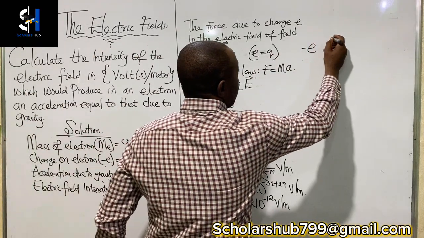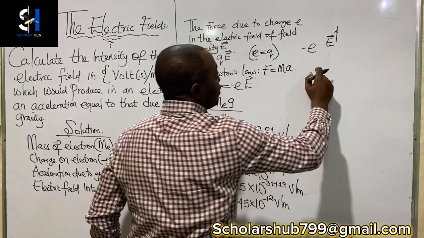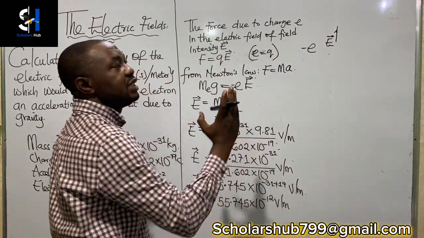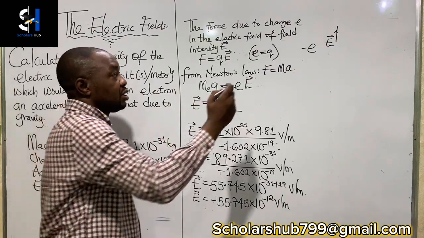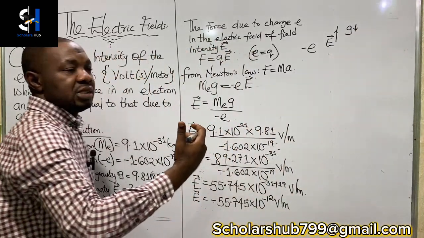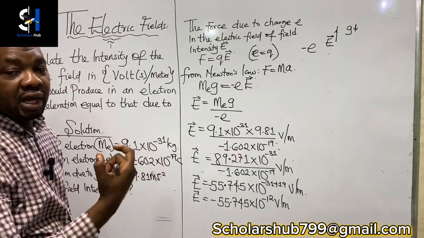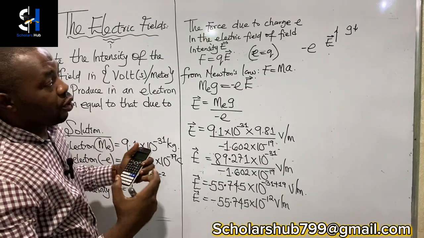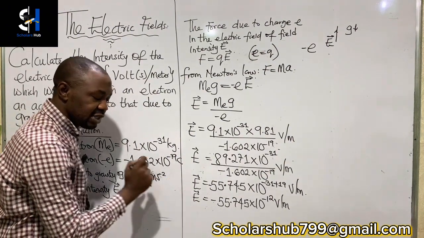The electric field intensity is moving in a direction opposite to that of acceleration due to gravity. The acceleration due to gravity will move downward, while the direction of the electric field intensity will be opposite, and that's why it is negative.